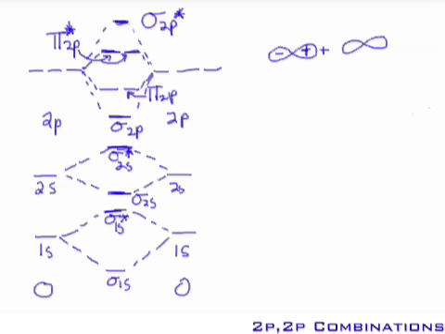So for it to combine with the other one in phase, the lobes that crash together must have the same amplitudes. So two pluses must come together. What do you get when that happens? Well, I can draw my nucleus. And since there's enhancement of probability of finding the electron between the two nuclei, where they overlap, this gets increased.